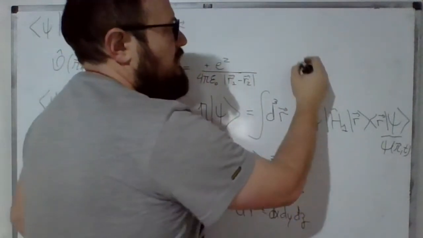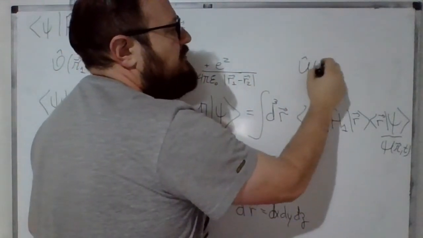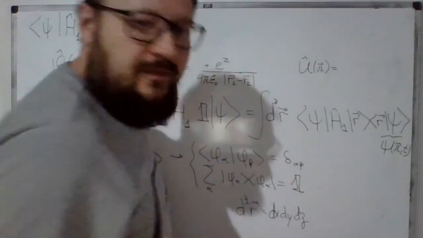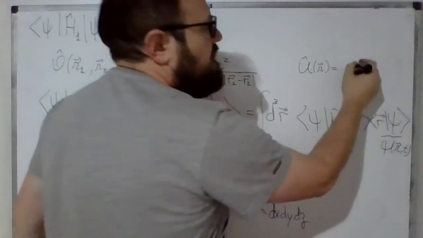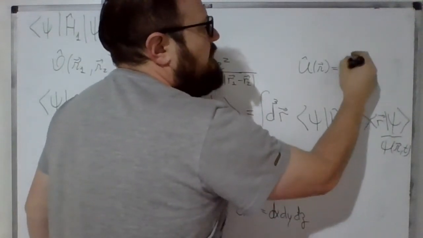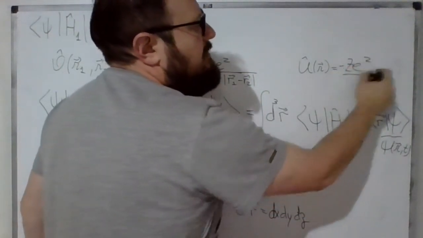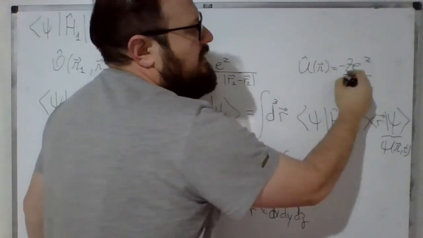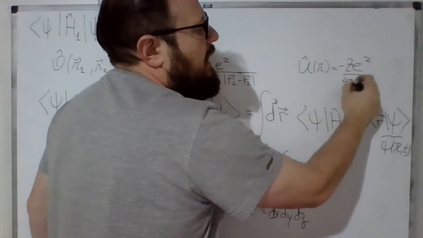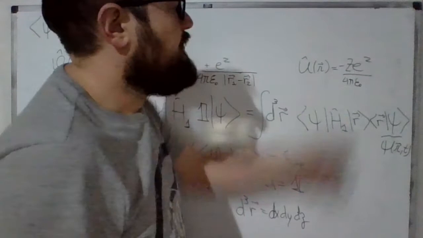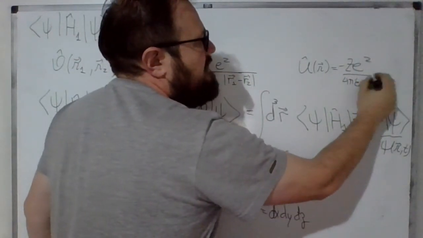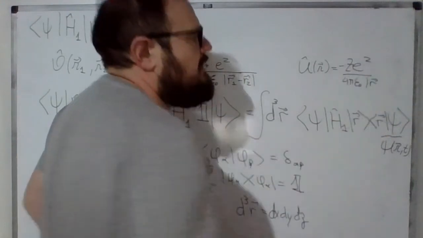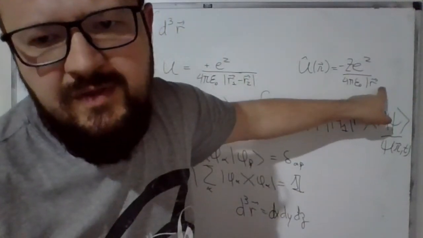Because of course, the potential of the electron in the presence of the ions of the nucleus is of the form minus some atomic number Z, e squared divided by 4 pi epsilon 0, the distance of the electron minus the position of the ion.